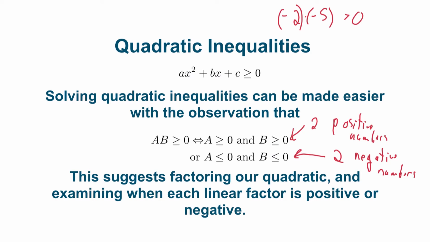Now this observation can be used to help us solve quadratic inequalities. The idea is to take your degree 2 polynomial, factor it as degree 1 times degree 1, and then look at when the first factor is positive or negative and when the second factor is positive or negative, and use that information.